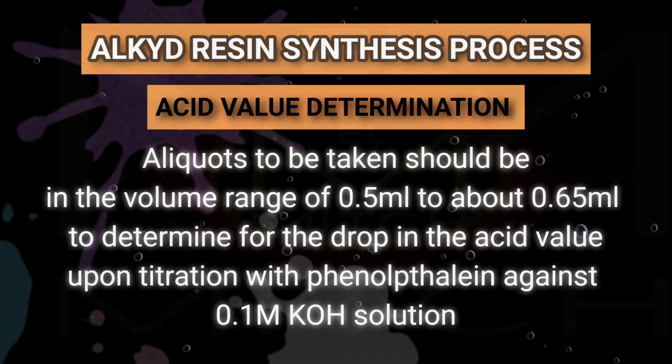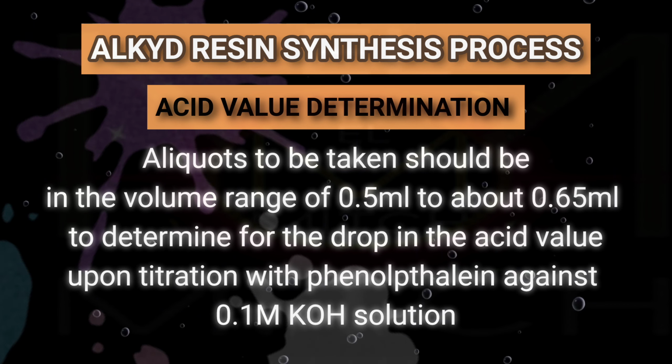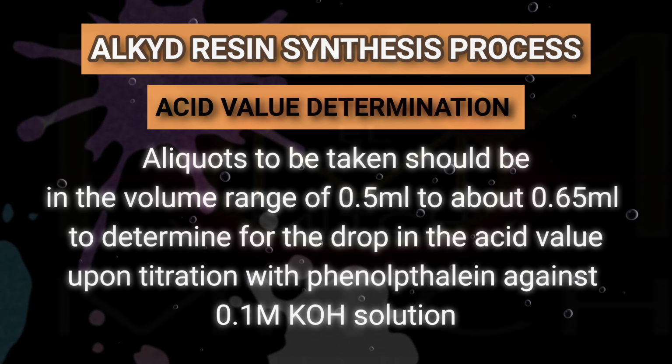Just as I've said, you collect aliquot at 0 minutes, 30 minutes, 60 minutes, 90 minutes, 120, 150, 180, till you get a drop in acid value to about 10 milligram potassium hydroxide.